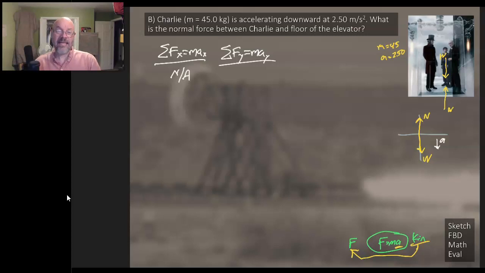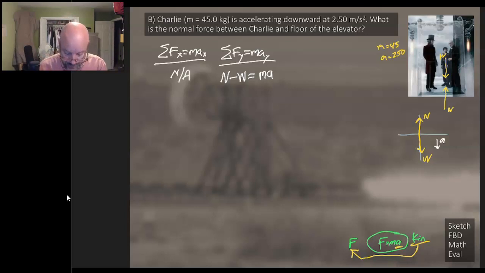I don't have any horizontal forces whatsoever, so it doesn't even matter putting that in there. So then I've got my vertical forces, and I can write those in there. So I've got N minus the weight is going to be ma. And again, I'm not going to put y on there because it's our only acceleration, and it seems kind of redundant. So we're solving for N.